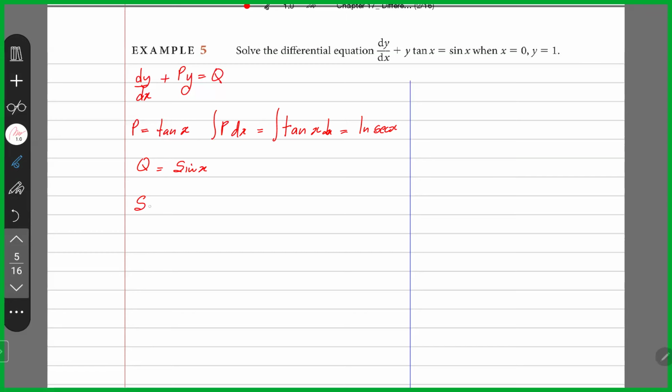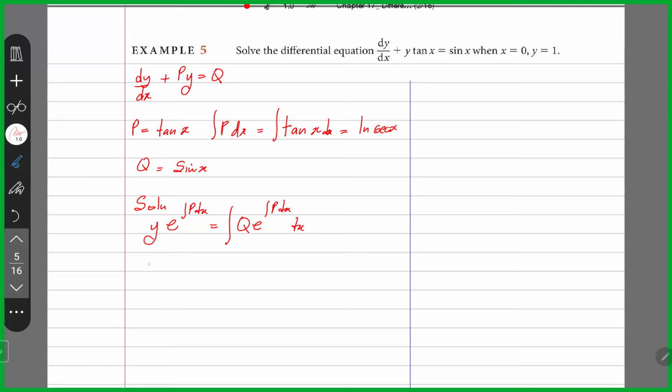So our solution would be y e to the integral of p dx is equal to the integral of q e to the integral of p dx.